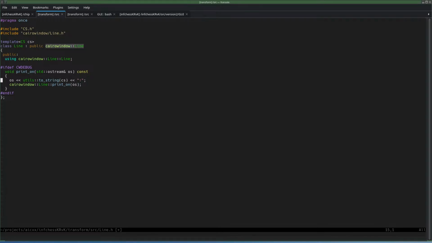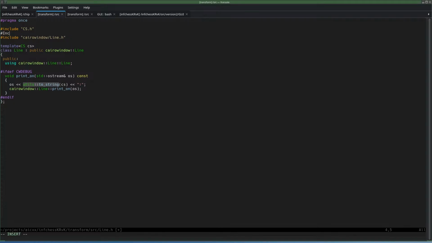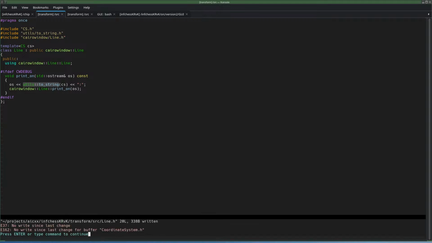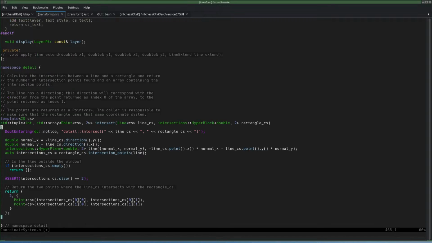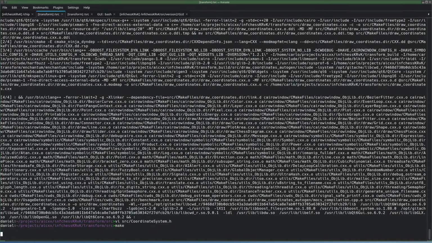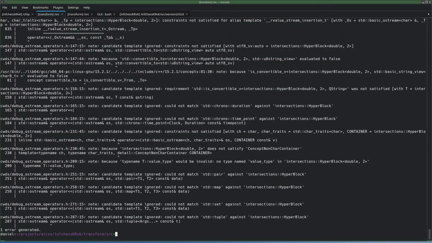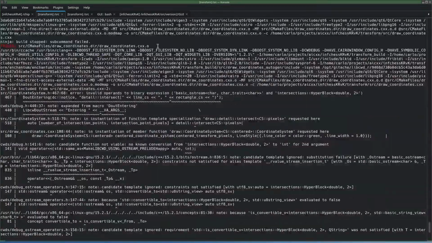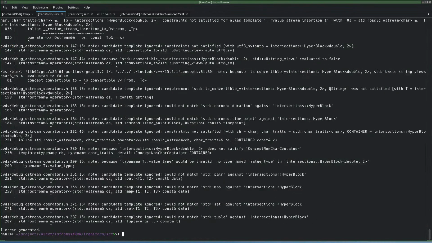Do I have to include UDLs to string, or is that already included? I don't think it's included. Include UDLs to string.h. Cannot print hyperblock, yeah. Didn't check that one yet, but I had the feeling.